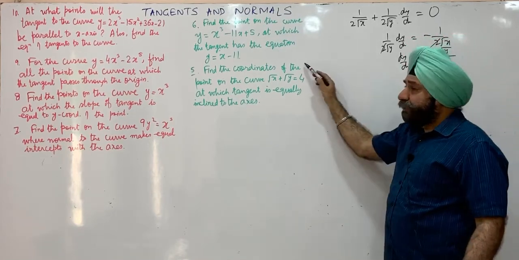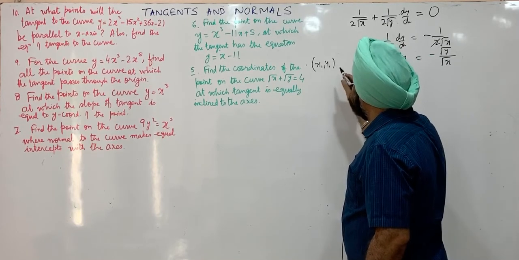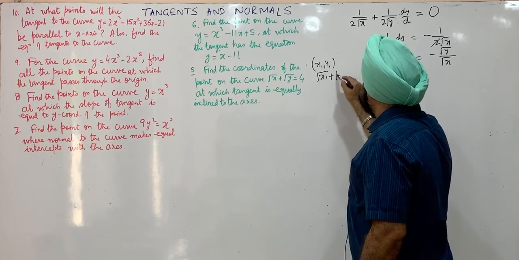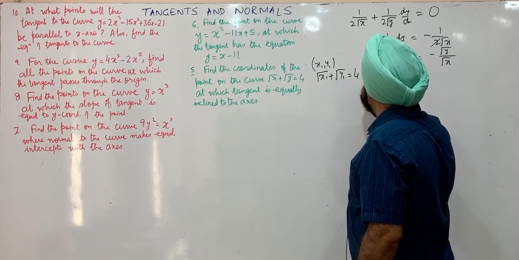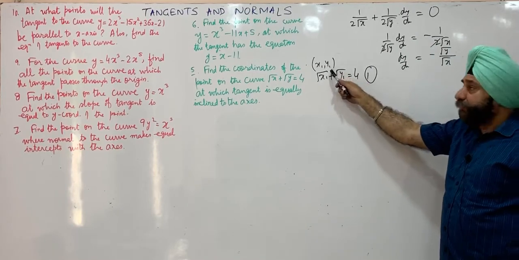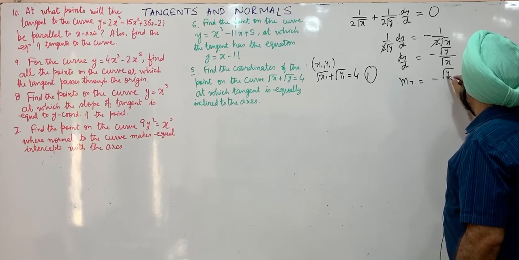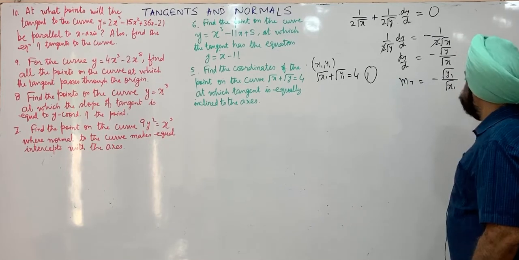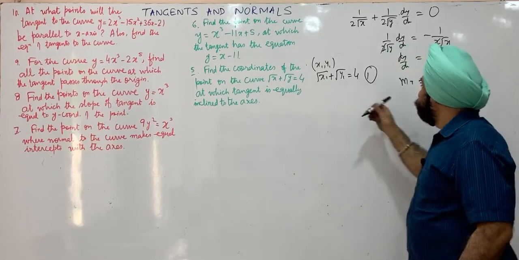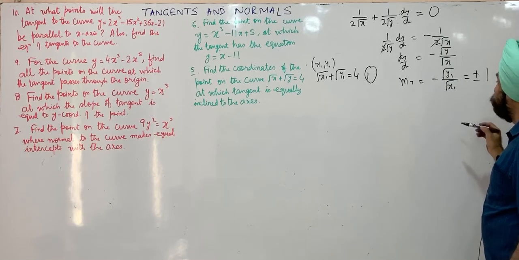So we have to find the coordinates of the point. Let the point be x1, y1. The point lies on the curve, so the point will satisfy the equation of the curve. That's equation number 1. At this point, the slope of the tangent will be minus root of y1 upon root of x1. The tangent is equally inclined to the axis, means the slope of the tangent is plus 1 or minus 1.